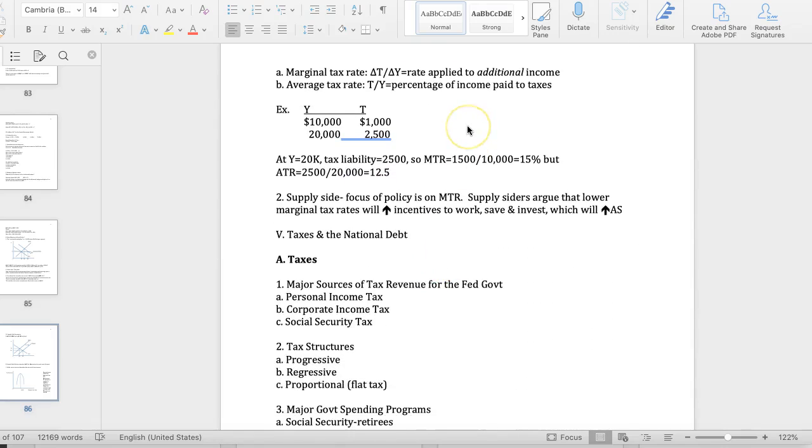So now we're going to talk about the tax rates. The marginal tax rate, like I said, is the tax rate that you pay on the last dollar earned. The United States has what's called a progressive tax system. So as your income goes up, the percentage of tax goes up along with it, and your tax is basically broken down. For example, $0 to $20,000 is exempt. You don't pay anything.